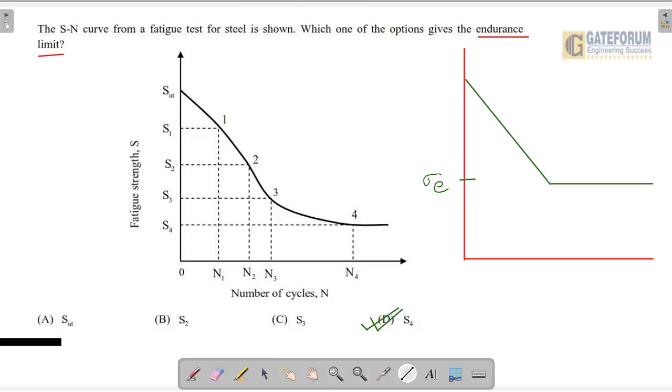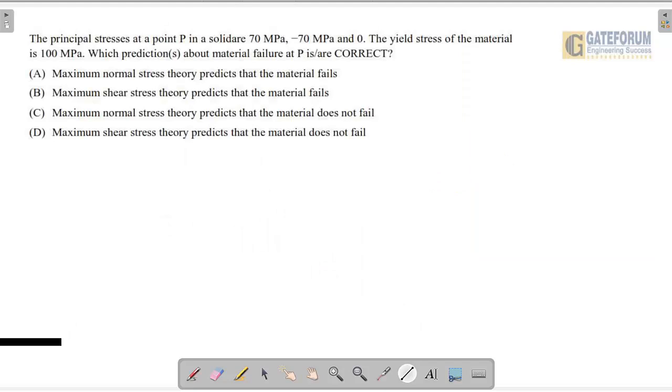Quite simple. Next, the principal stress and principal strain problem. The principal stresses at a point P in a solid are given as 70, minus 70 and 0. The yield stress of the material is given. What predictions about the failure at P are correct? No problem, guys.